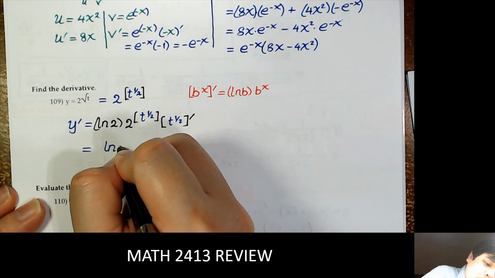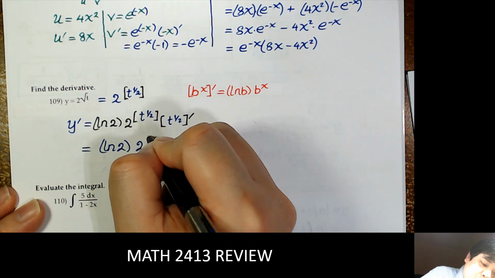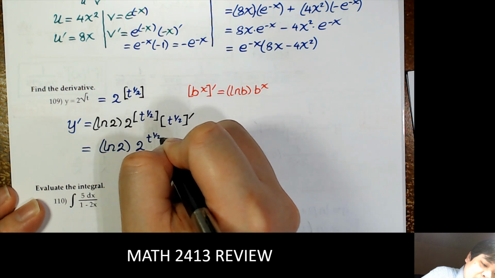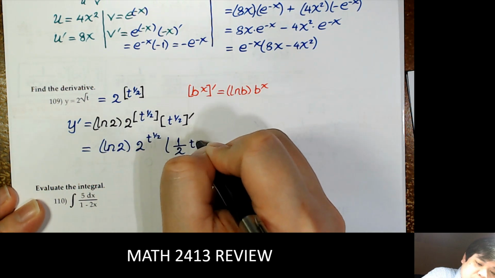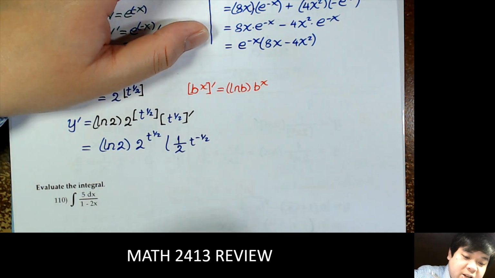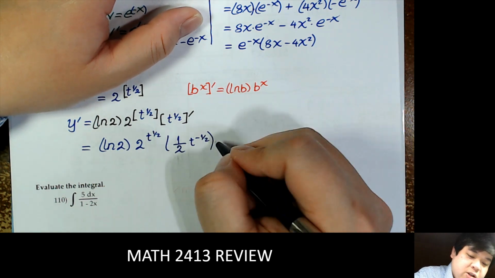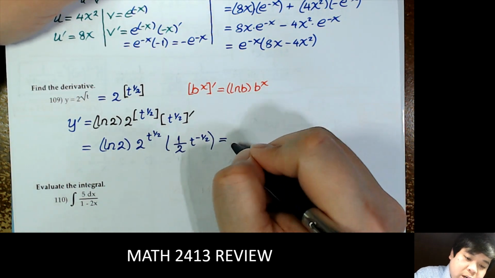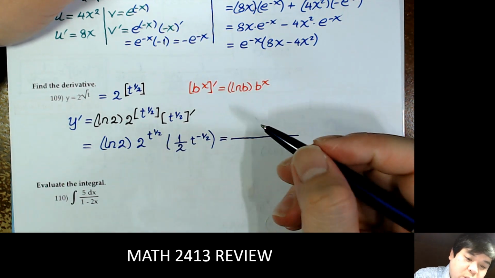So ln of 2, then 2 to the t to the 1/2. Derivative is 1/2 t to the negative 1/2. We cannot combine any of this, because the 2 raised to that power and the 1/2 is a constant. So just write what we can here.